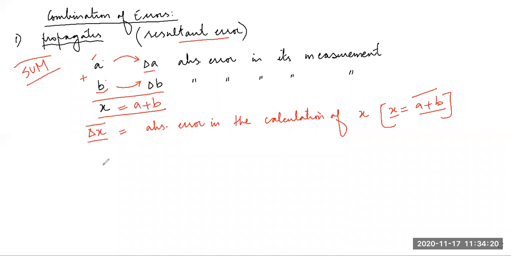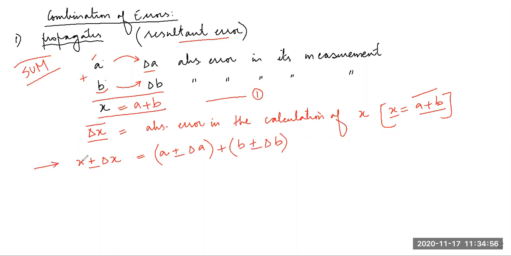So students, let's say this equation is 1. From this equation, I can definitely say that X plus minus delta X would be equal to A plus minus delta A, plus B plus minus delta B. What does this equation mean, students?